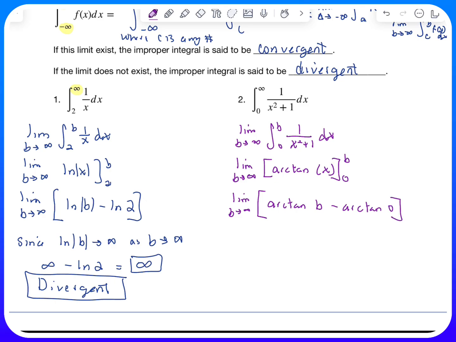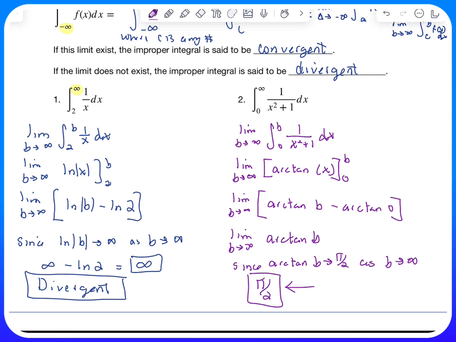So I can just rewrite this as the limit as b goes to infinity of the arctangent of b. Since the arctangent of b goes to pi over 2 as b goes to infinity, this integral converges to pi over 2.